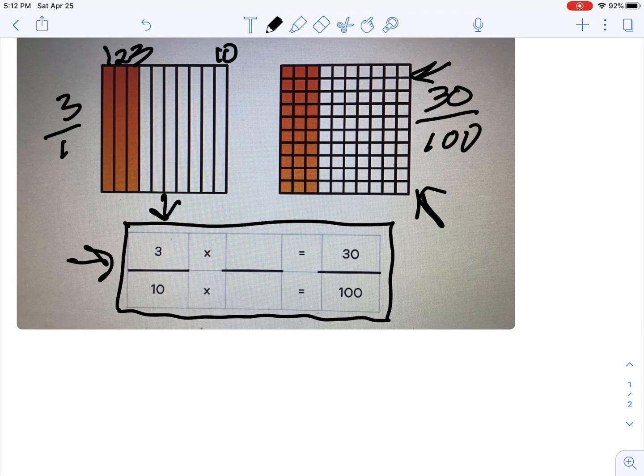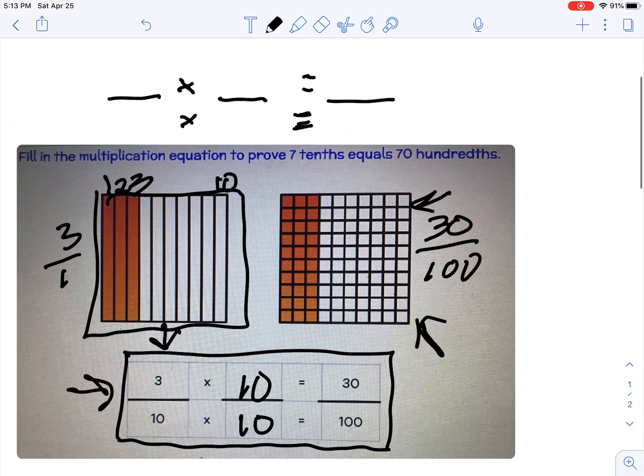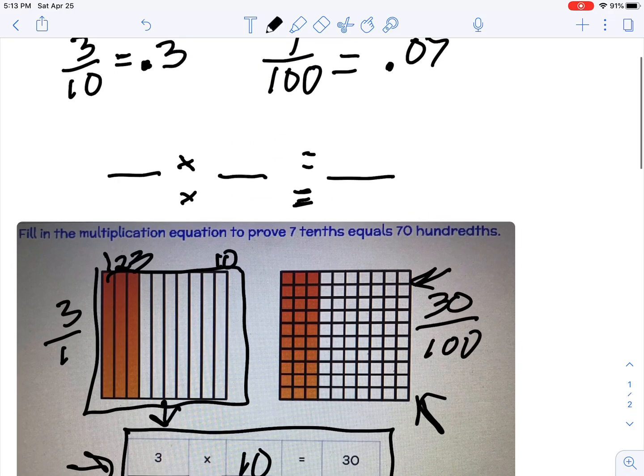So down here in the equation part, they have 3/10 filled in already, which is your first area model. And then basically they want you to write in, well, what did they multiply the 3 and the 10 by to get the equivalent fraction 30/100? And of course, 3 times 10 is 30. And whatever I do to the numerator, I have to do the denominator to get 30/100.